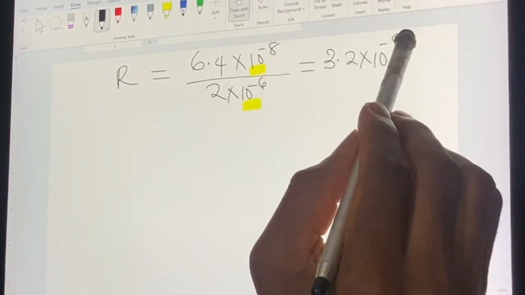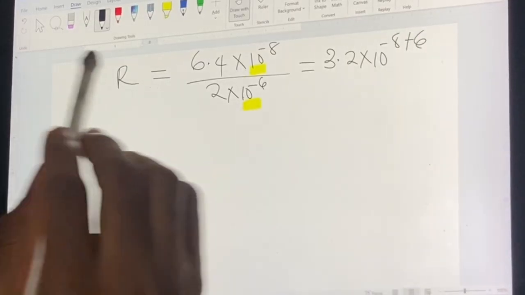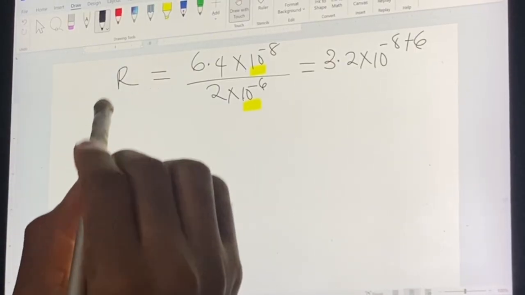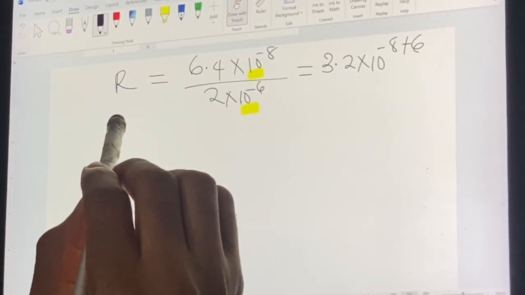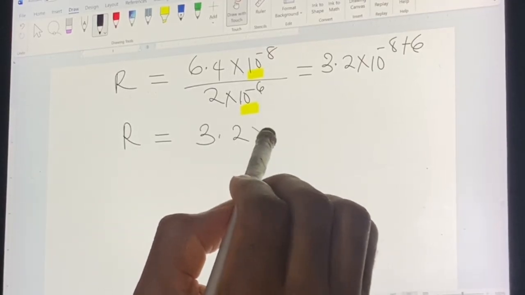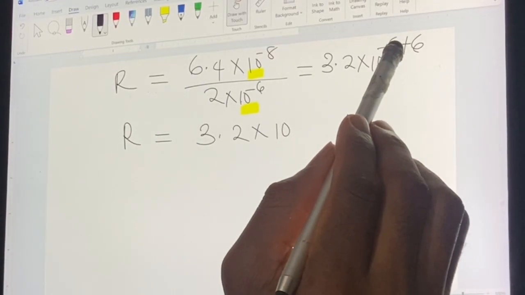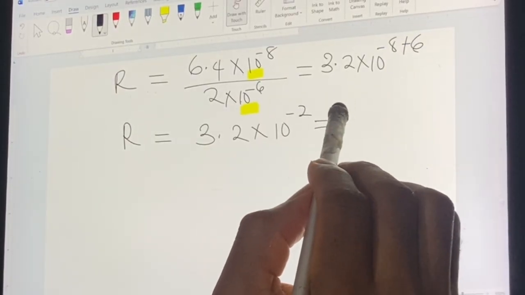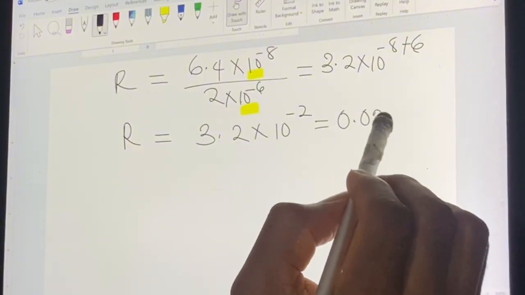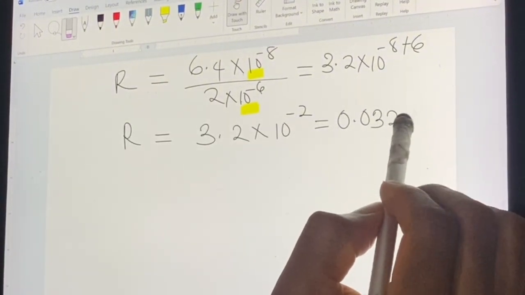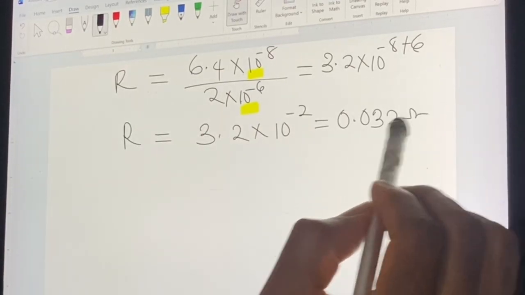The sign will change to plus 6. Whenever you are taking any power from the denominator to the numerator, the sign will change. Please take note of that. So I will have my final answer here: resistance is equal to, class, 3.2 times 10 raised to the power of minus 8 plus 6, which will give us minus 2. So changing this to a number, this will be 0.032 ohms. Please take note of this.